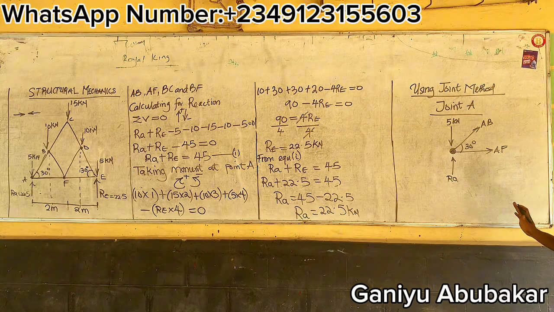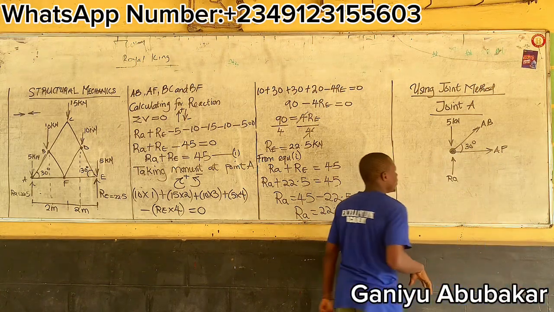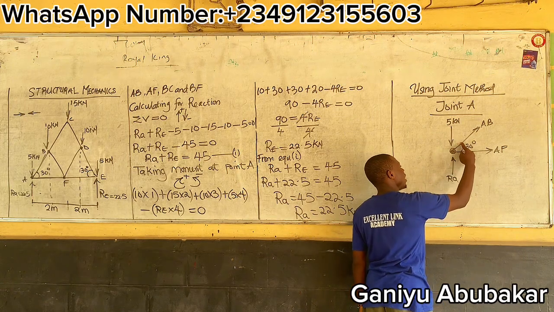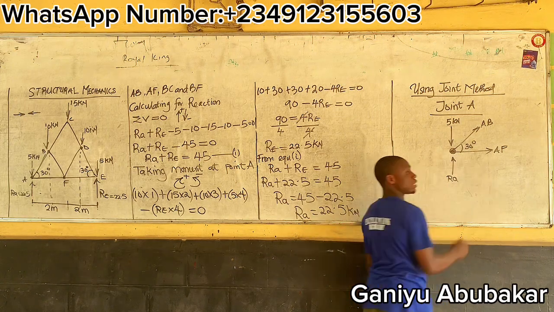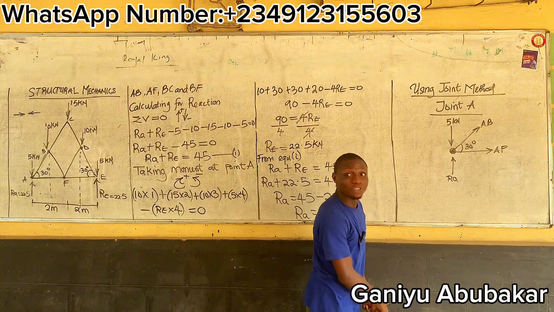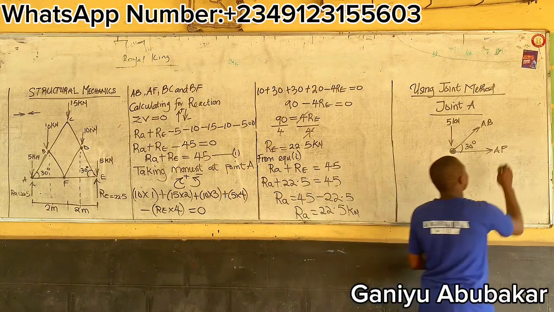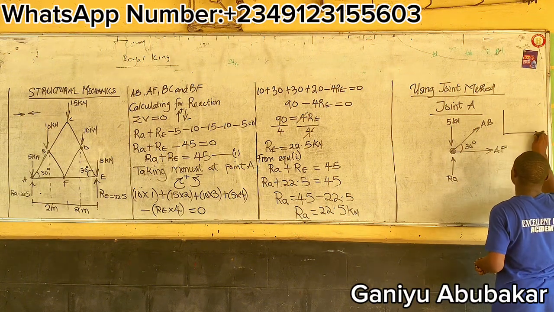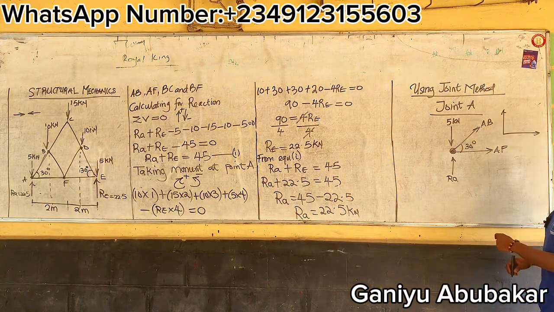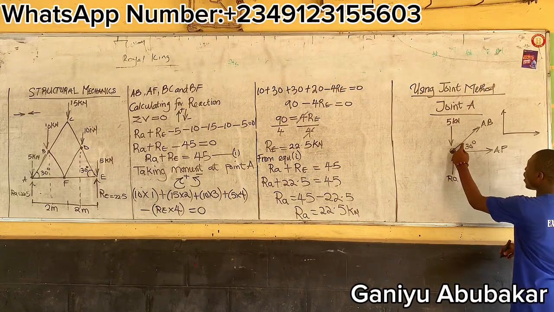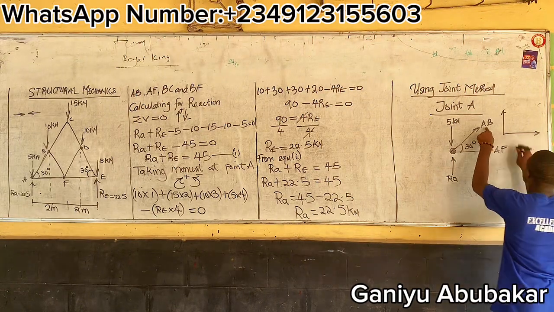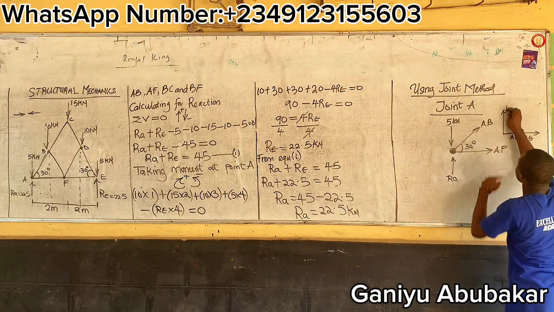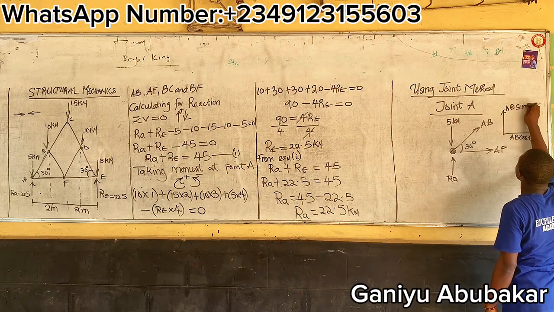This is what I'm having in that joint A. Nothing else. Now here's the thing. Look up. This force AB is inclined at an angle to the horizontal. I'll now resolve it. To resolve this one, I'll draw this. Observe, I just showed you earlier. This angle is with the horizontal, so AB cos theta and AB sine theta.